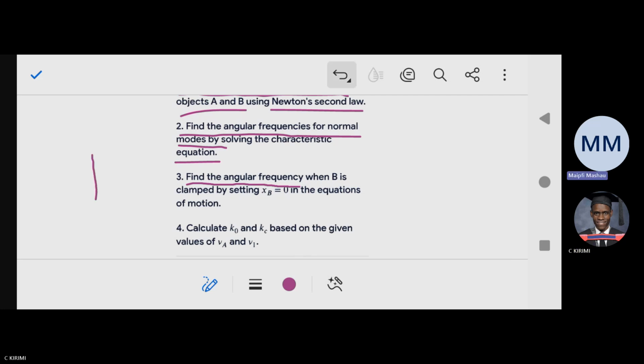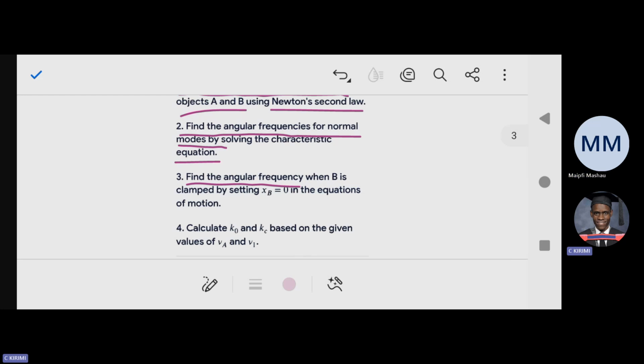And then why are we using Newton's second law instead of Newton's first law or third law? Why specifically the second law? That is the one that deals with acceleration. The first law says when an object remains stationary, it will remain stationary unless acted upon by an external force. But the one which involves acceleration in the direction of the force is the second law.